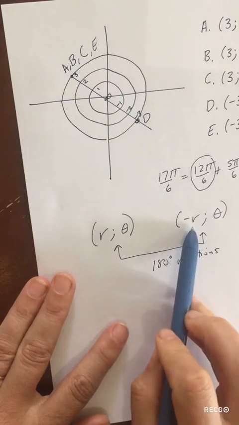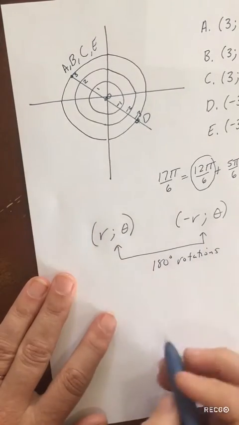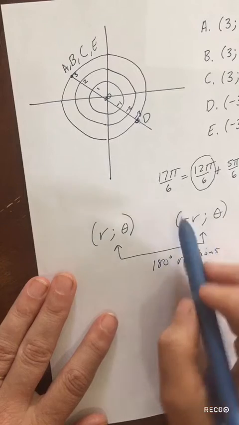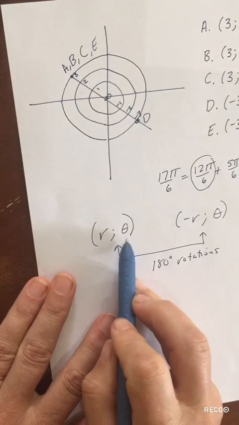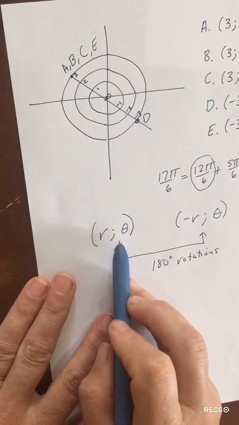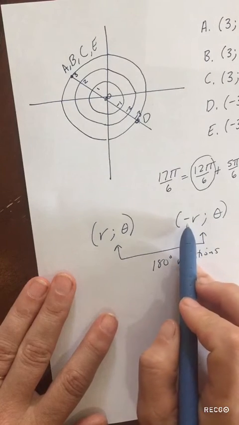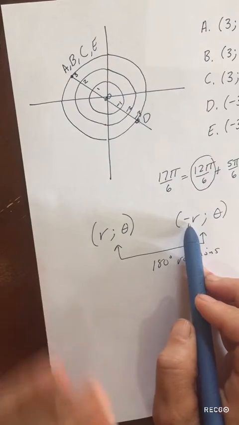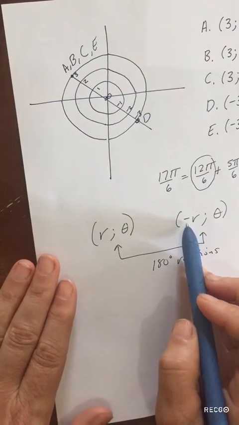So if you want to graph this, you instead graph that temporarily and then do a 180-degree rotation on it to get that. So basically that negative R just does a 180-degree rotation from what that one is.